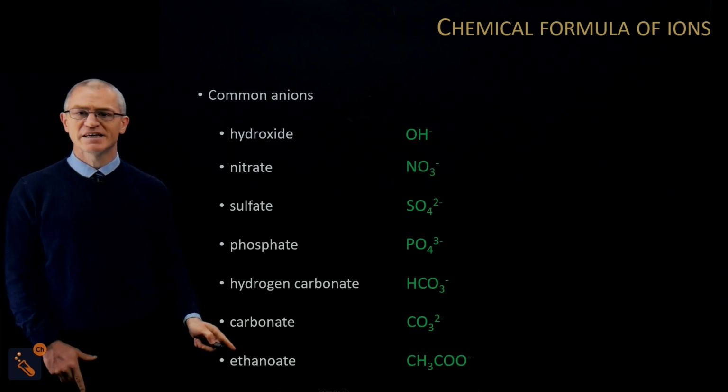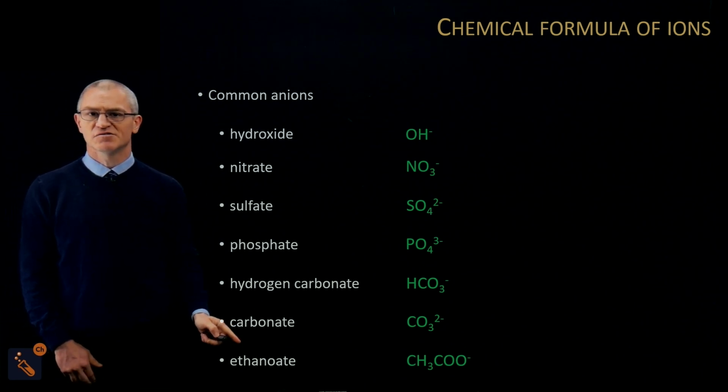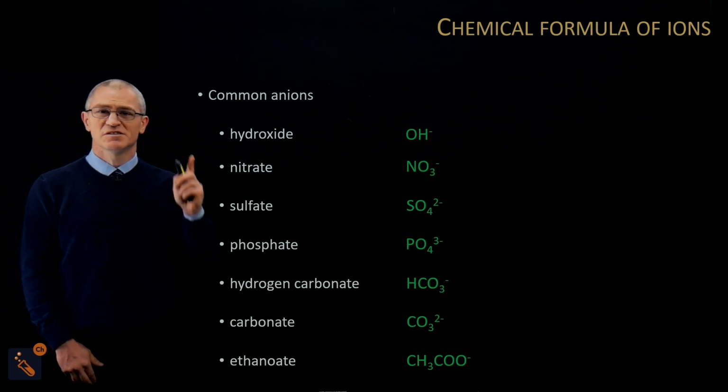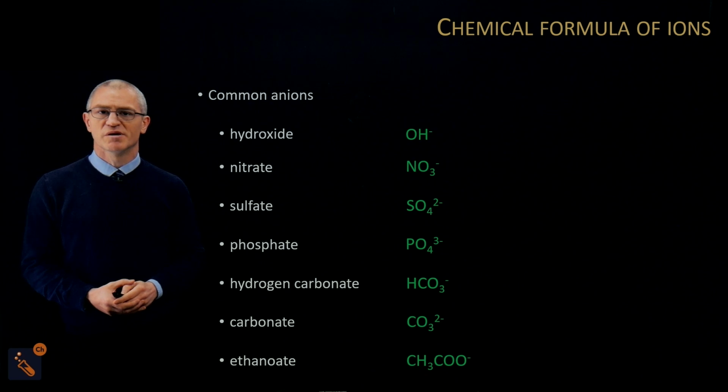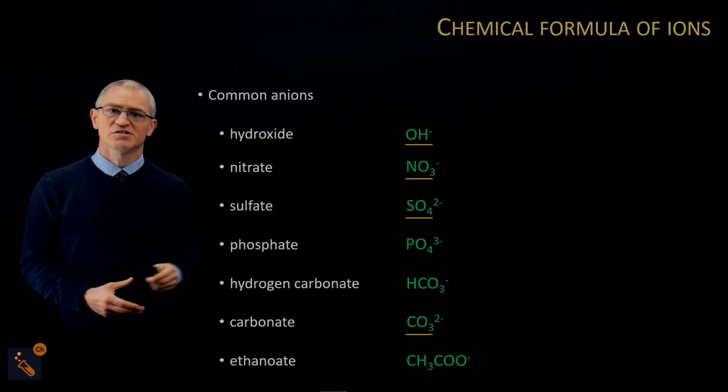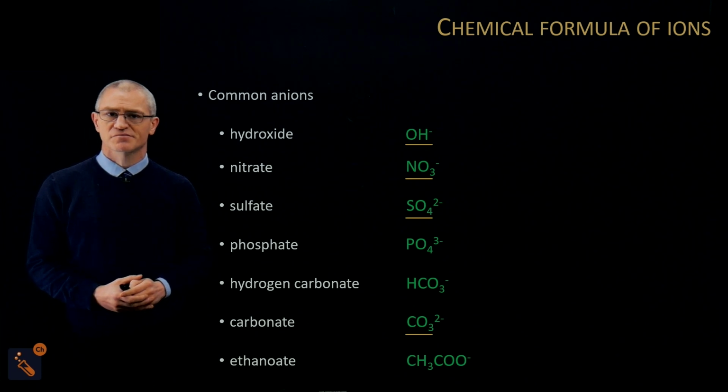Now, this is used mainly in organic later on, and you will use it quite a lot, so don't worry. And a lot of these will be used so many times during your A-levels that you will memorise them quite easily. But the ones you definitely need to memorise are OH-, NO3-, SO4 and CO3. You have to memorise those, so make sure that you do that.